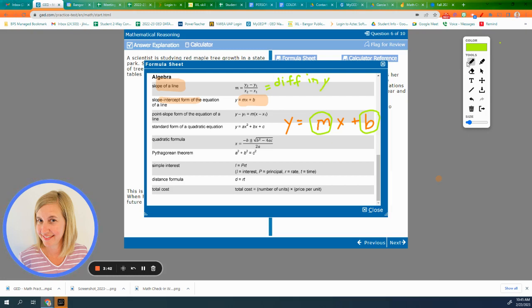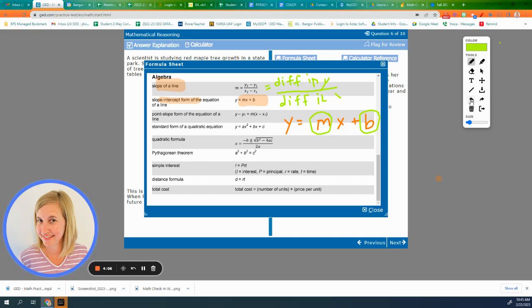You take the y values and you subtract them to find the difference, and then you divide that by the difference in x values, okay? And that represents rise over run, or the distance vertically between any 2 points divided by the distance horizontally between those 2 points. So it's difference in y over difference in x, okay? So I'm going to go back to our table.